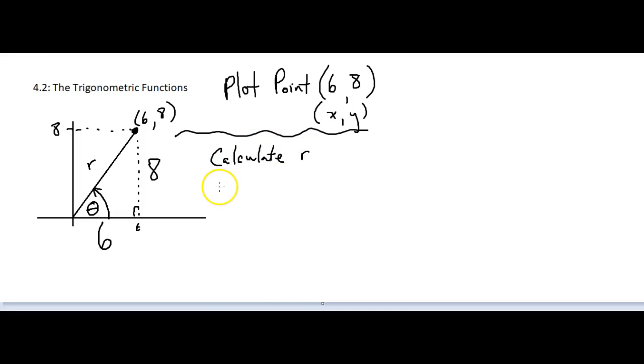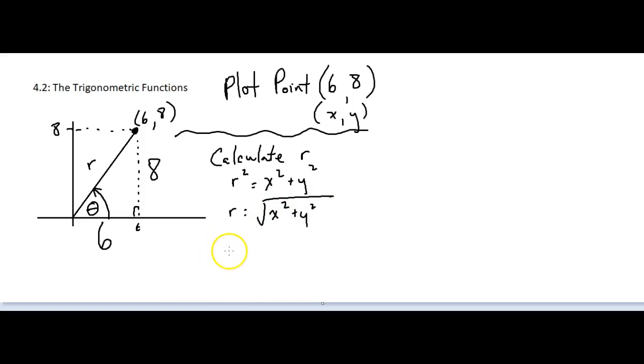R is the hypotenuse. So just like the equation for the Pythagorean theorem, c squared equals a squared plus b squared, it's the same relationship here. R squared equals x squared plus y squared. Or solving for r, square root both sides, the square root of x squared plus y squared.